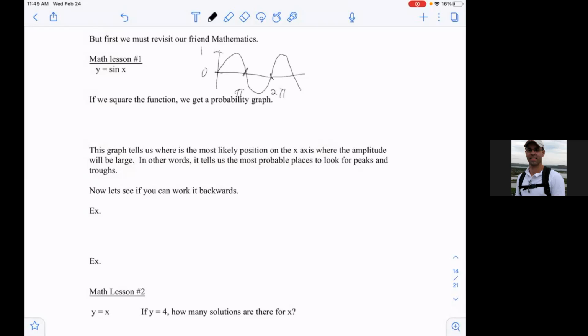Sine and cosine. And one of the major reasons why you study sine and cosine in math is because it describes the movement of a wave, right? You've been talking about waves. Sine and cosine describe waves.